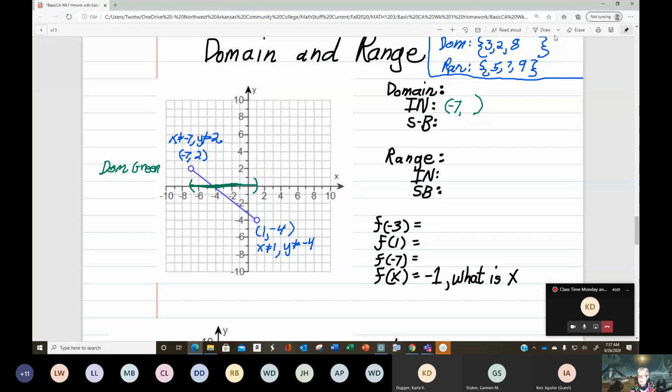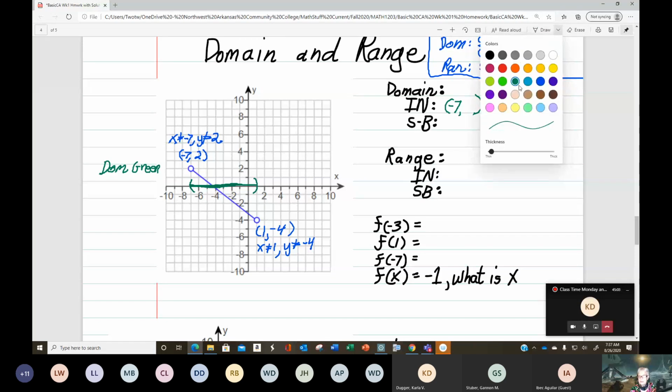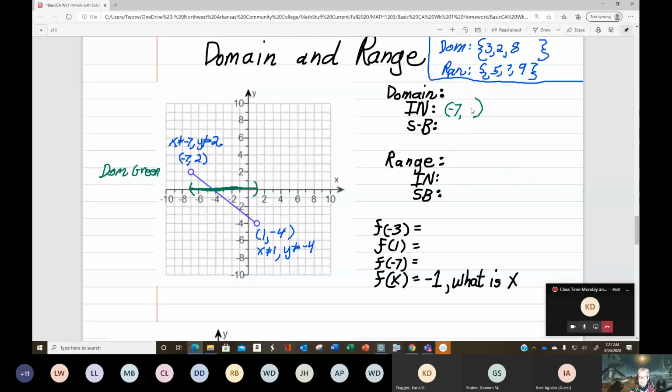Nope, it's back to blue. That must be the default. Make it littler. There. Now what that means is that the domain is right here. It's all of these little numbers between -7 and +1, but not actually -7 and not actually 1.